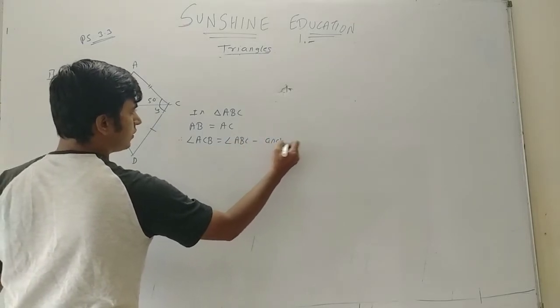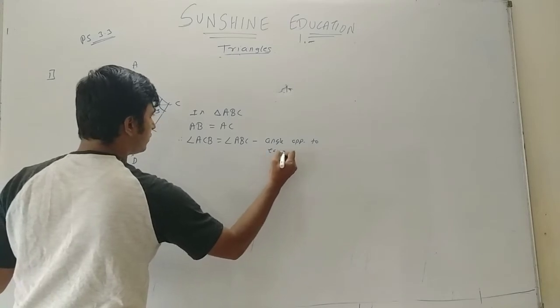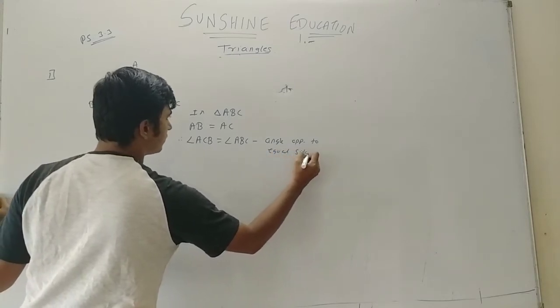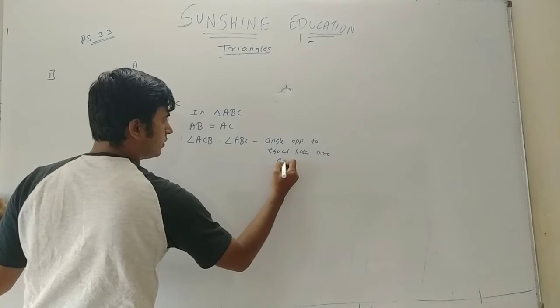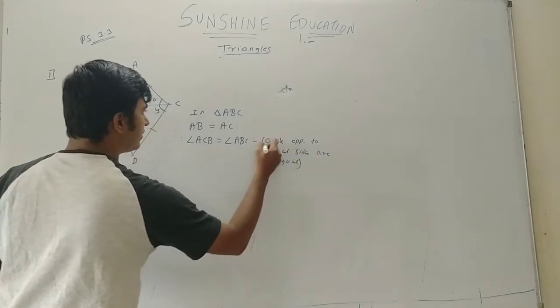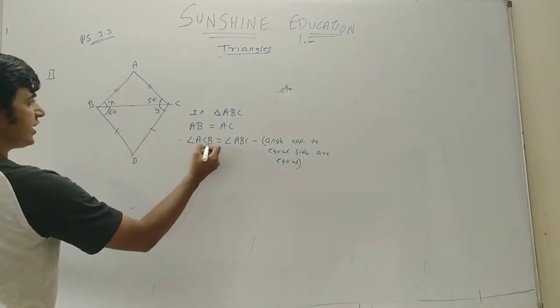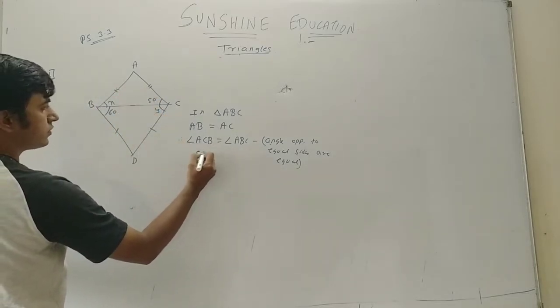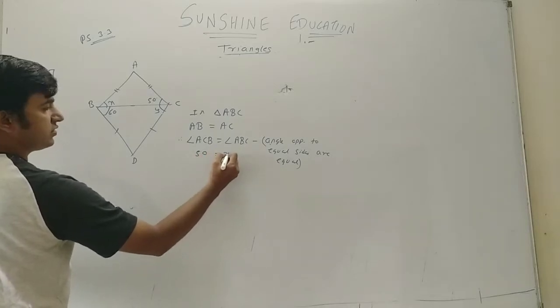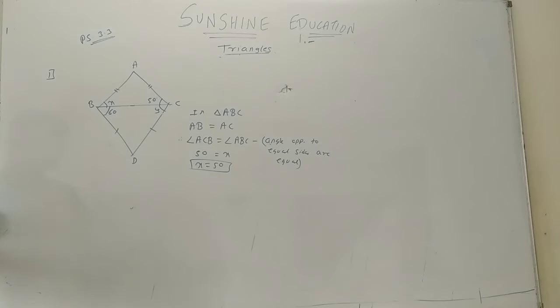Angles opposite to equal sides are equal. So ACB is 50, so ABC, that is x, is also 50. So I got the value of x.